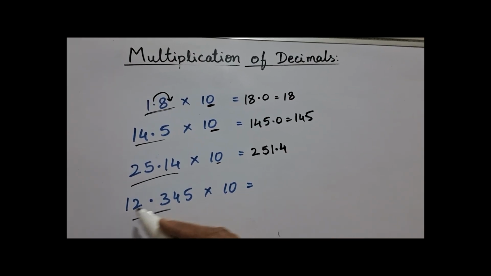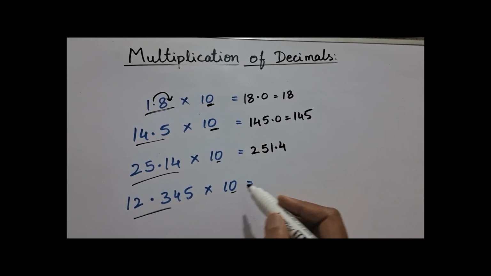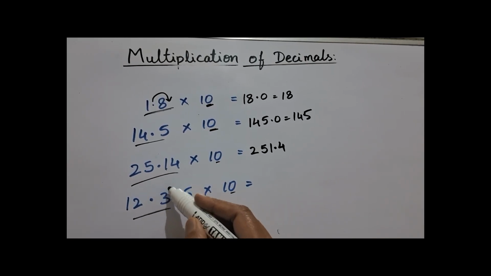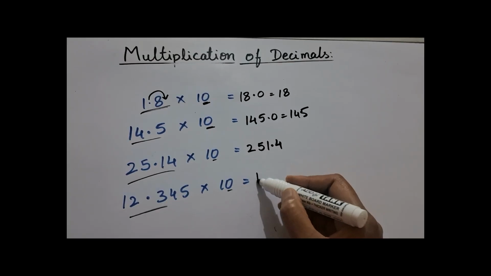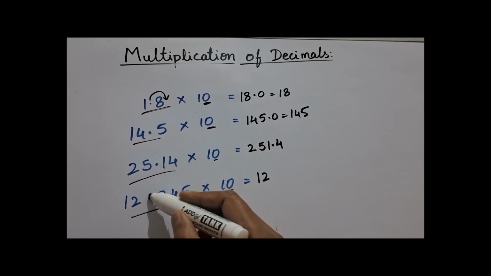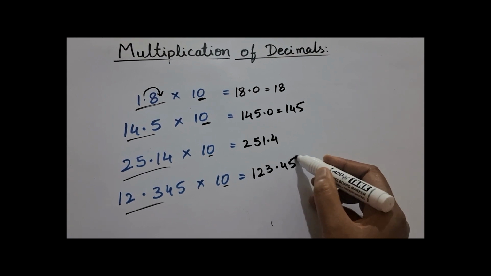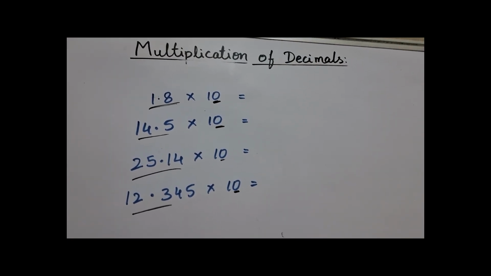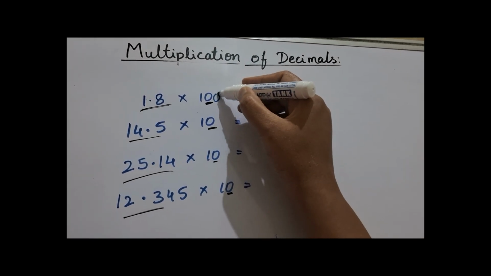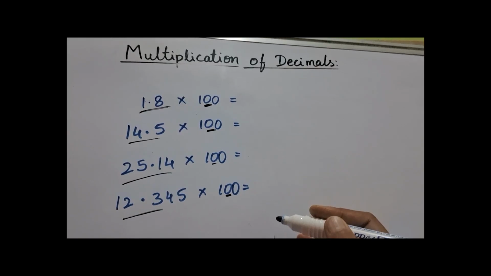Now here also 12.345 into 10. That means 1 zero, so the point will jump only 1 digit on the right side. That means 1, 2 and 3.45. Children, suppose for the same examples the multiplier is 100.